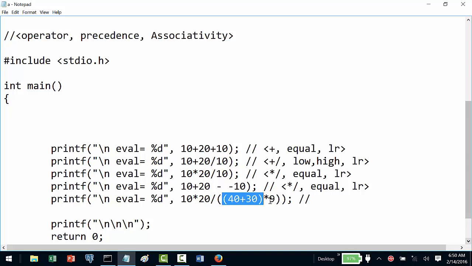Then 70 into 9 is 270. Okay. So I'm sorry, the 70 into 9, now it has changed, isn't it? So 70 into 9 is 630, right? Now that 630, I would like to divide 200 by 630.